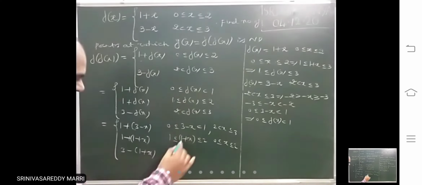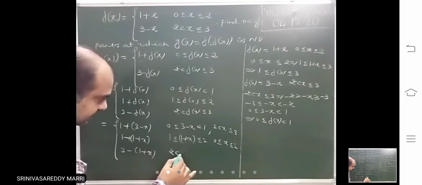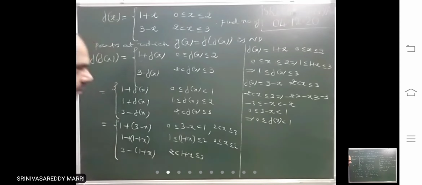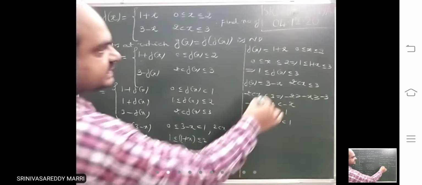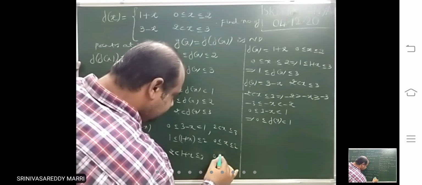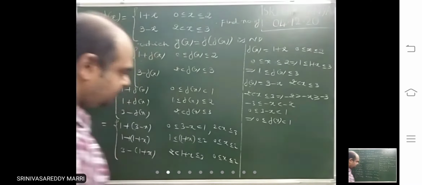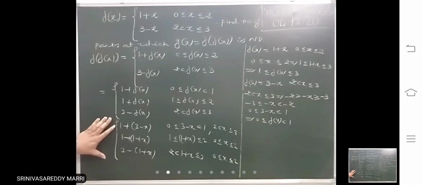When f of x lies between 2 and 3, 1 plus x means x will lie between 0 to 2. So this gives your definition of g of x.